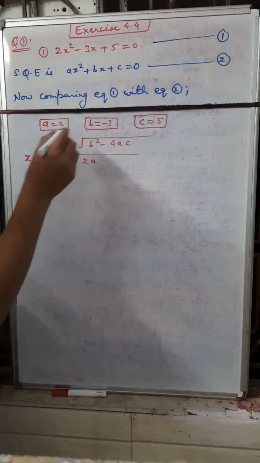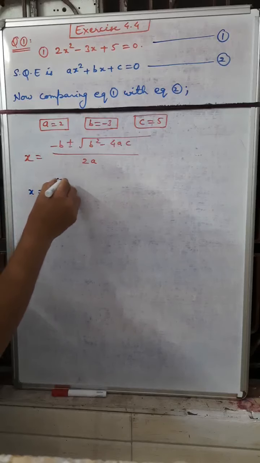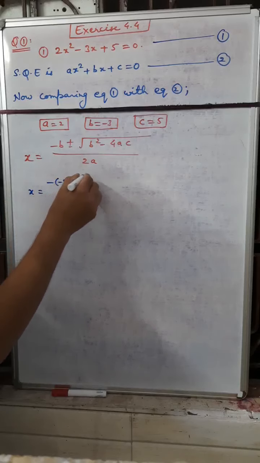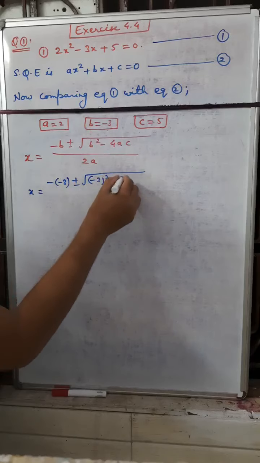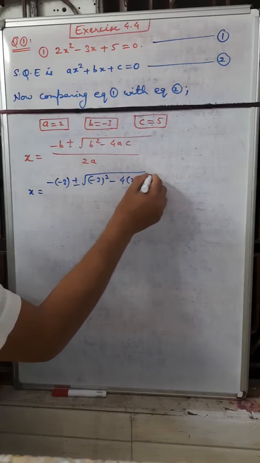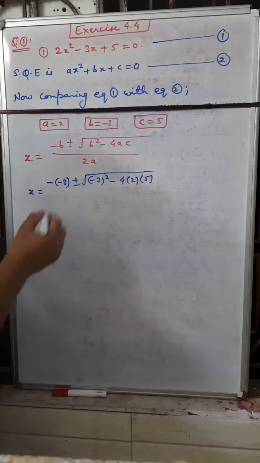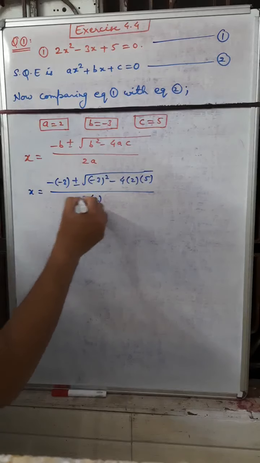So x is equal to minus b, where b is equal to minus 3, plus minus under root b square, that means minus 3 square, minus 4, a is equal to 2 and c is equal to 5. So we have put all the values here, and 2 into a, so 2 into 2 here.